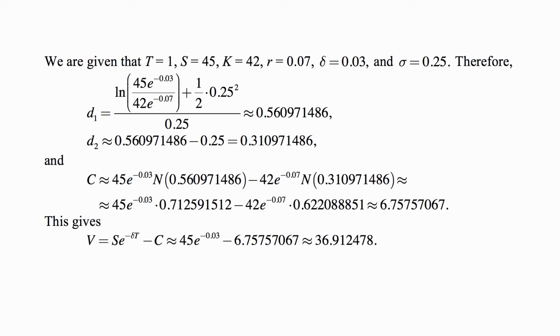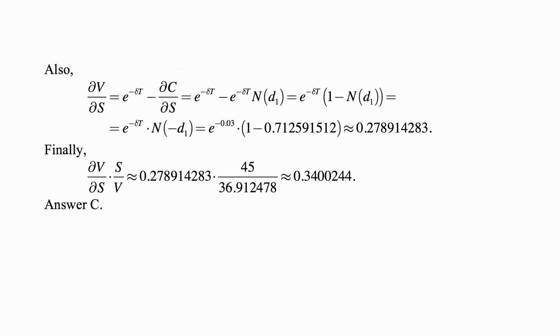Note that on the exam you'll have the normal distribution calculator that you can use for finding N of d1 and N of d2. And we get the price of the call to be about 6.75757067. And the value of the derivative security is the ex-dividend or prepaid forward price of the stock minus the price of the call. So it's about 36.91.